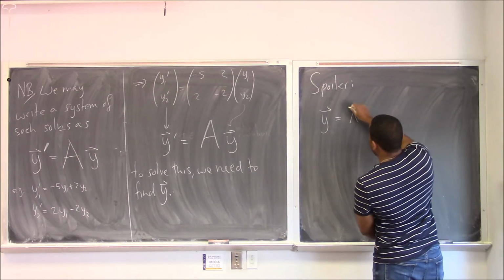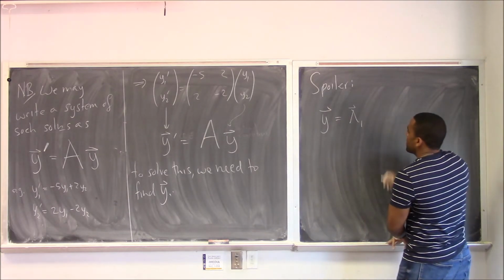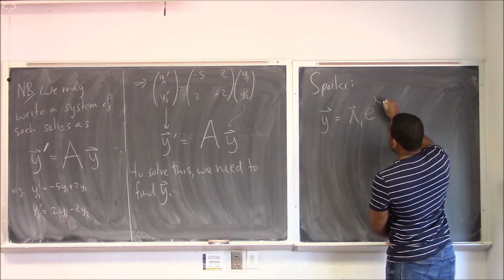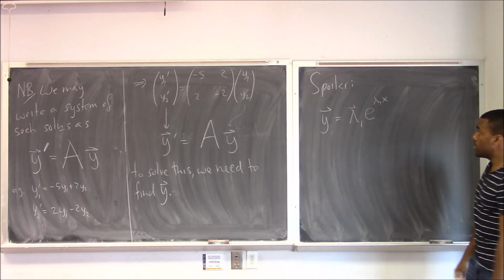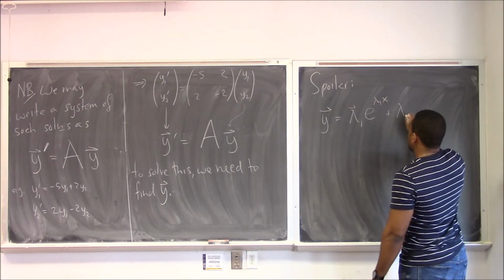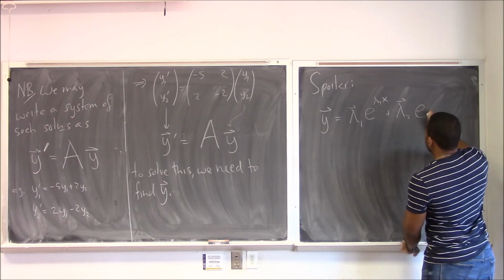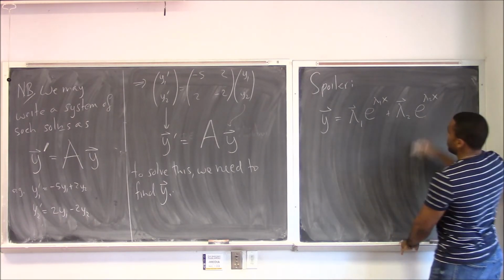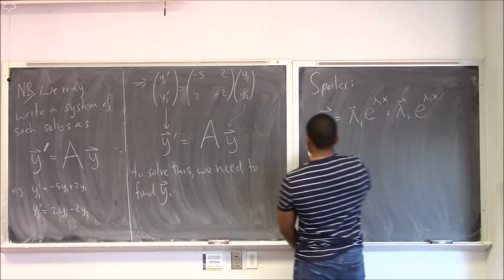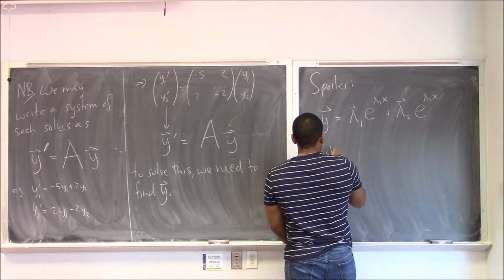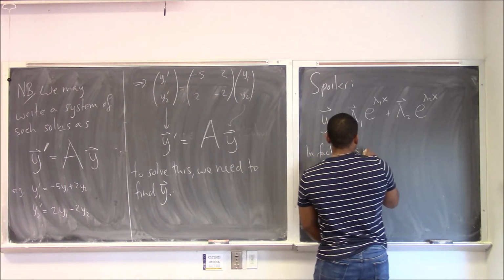It is going to look like the eigenvector times e to the eigenvalue, plus the second eigenvector with the second eigenvalue in the power of the e. In fact, this works in general, by the way.